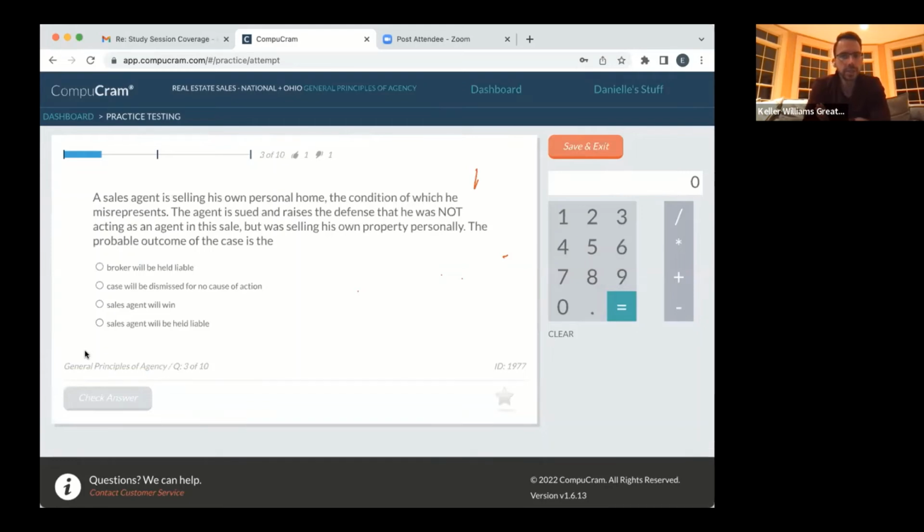The agent is sued and raises the defense that he is not acting as an agent in this sale, but was selling his own property personally. The probable outcome of this case is A, the broker will be held liable. B, the case will be dismissed for no cause of action. C, the sales agent will win, or D, the sales agent will be held liable.